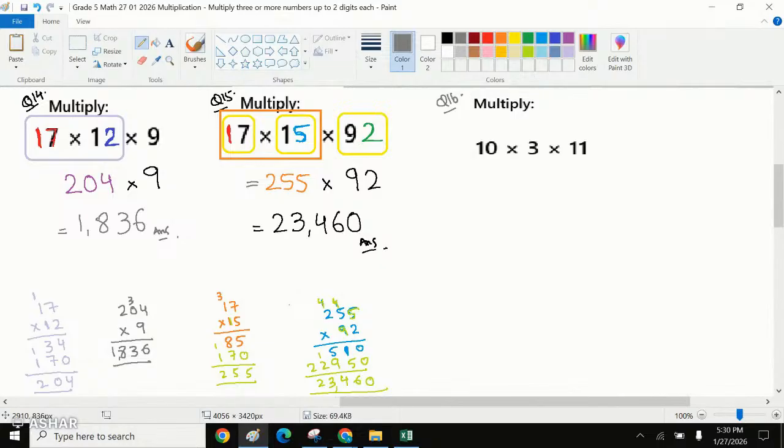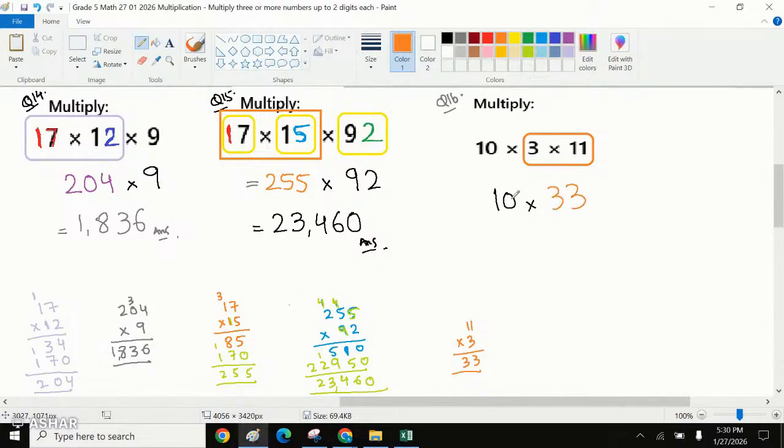So two of the numbers are double digits, okay? The easier way is 3 multiplied by 11, right? 11 multiplied by 3 is 3 times 1 is 3, 3 times 1 is 3. So we can say 10 multiplied by 33.